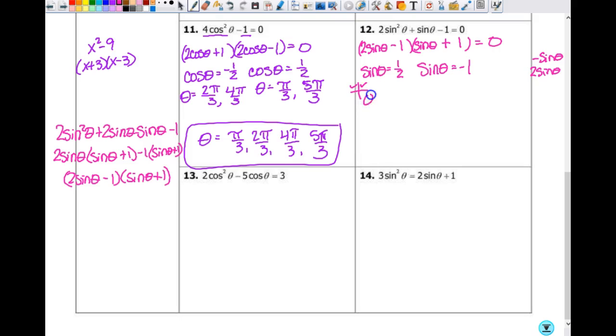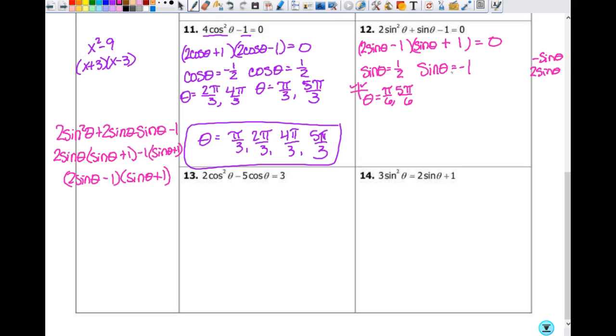And so that means here that theta, what's the sine inverse of 1/2? Pi over 6, right? So I do want quadrant 1, so it's pi over 6, and then my second quadrant pi over 6 angle, which is what? 5 pi over 6.